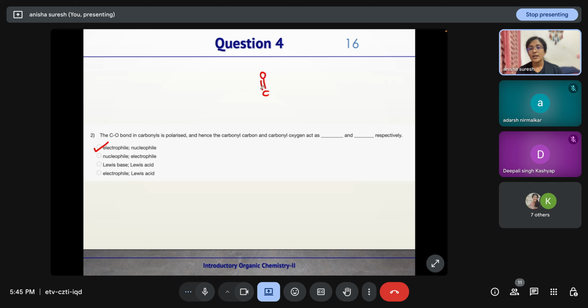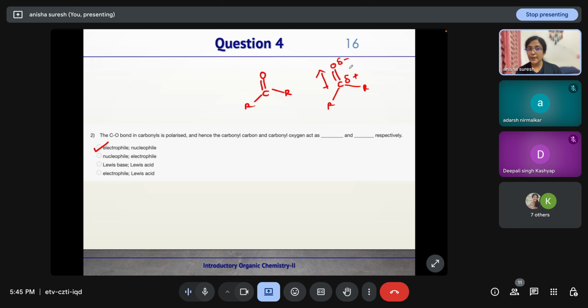So we have seen that this bond will be polarized, and we will be having a partial positive charge on the carbonyl carbon and partial negative charge on the oxygen. Because of the electronegativity of oxygen, it can pull the electron density towards it, and because of that the carbonyl carbon will experience a partial positive charge and the oxygen will have a partial negative charge.